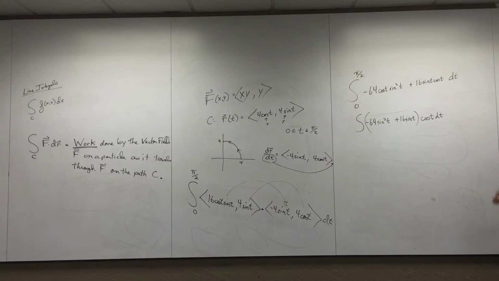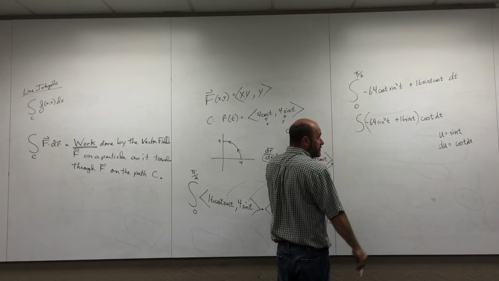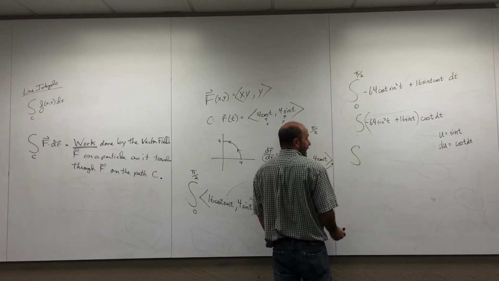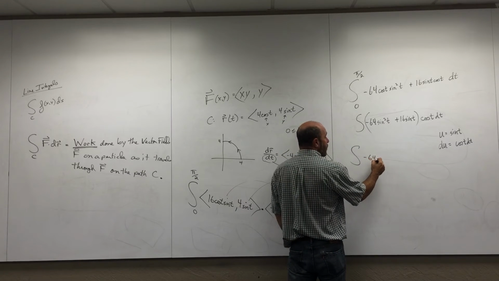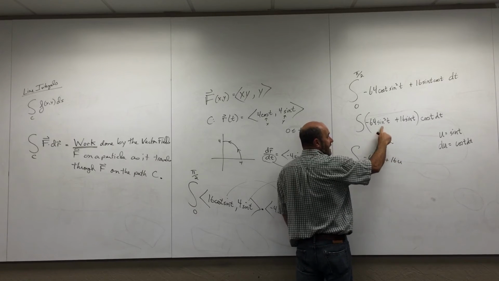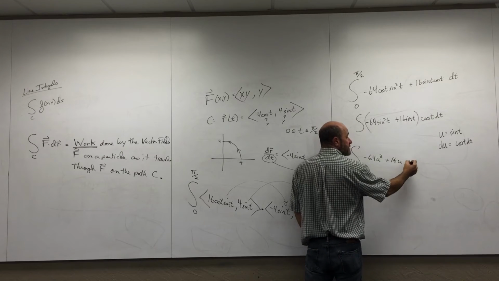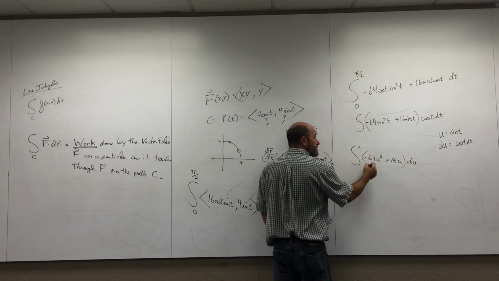That's beautiful, because now I can let u equal sine t. The derivative of sine t is cos t dt. So in order to finish this integral, I need this u substitution. I just turned this into negative 64 u squared plus 16u, because I let u equal sine t, and du was cos t dt.